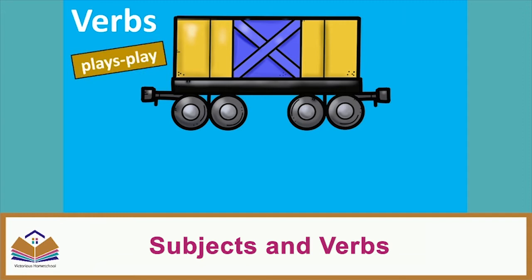The verb plays is actually one or singular, and it goes with a singular subject noun. And the word play is plural, or more than one, or two or more, and the word play goes with a plural subject noun. And this applies to most verbs.